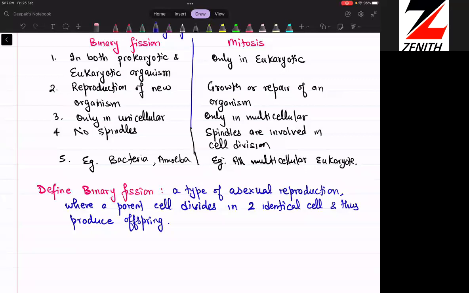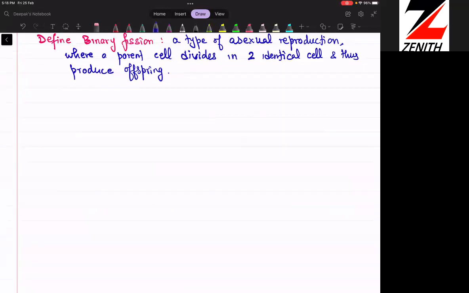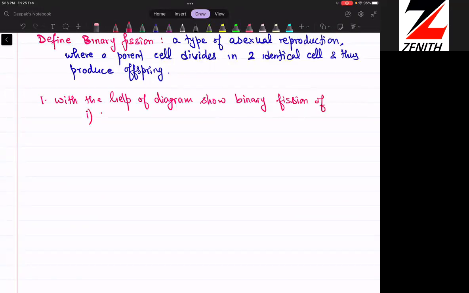Okay, here two questions can be formed. First question is, with the help of a diagram, show binary fission of number one, amoeba, and number two, bacteria.